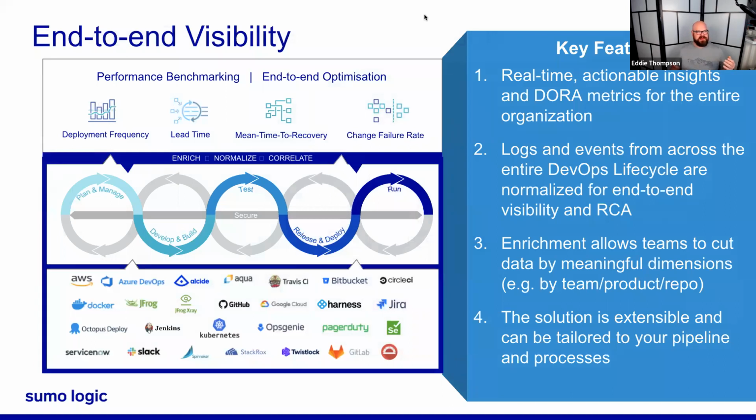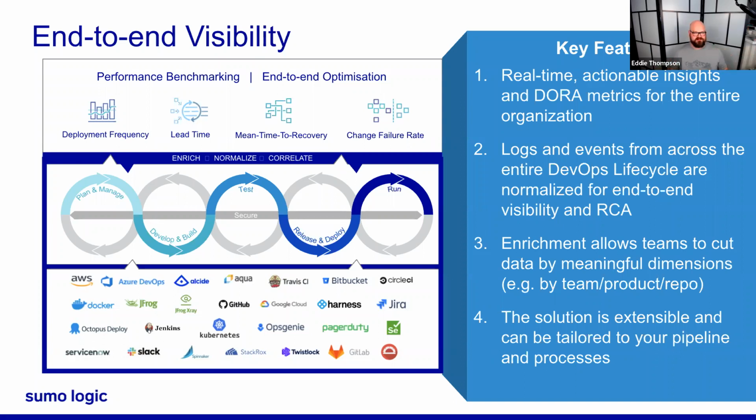So we're looking at how we provide that end-to-end visibility across your development lifecycle. The key features that we're bringing here are real-time actionable insights, and these are based on DORA metrics for the entire organization. We're looking at logs and events from everything from your planning software like Jira through your development and build chains, right through to your incident management and alerting through things like PagerDuty.